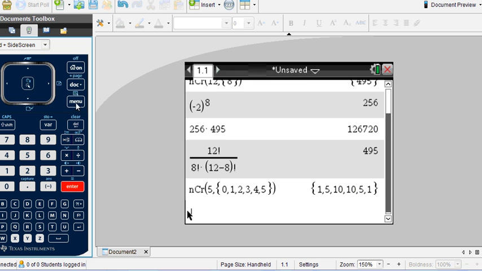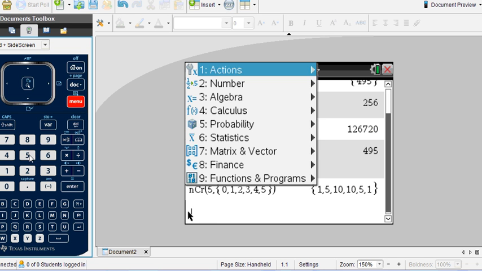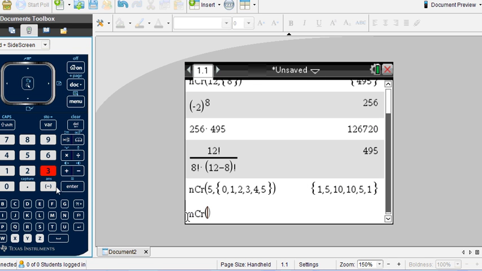So getting back here, let's see, probability combinations. We're going to have 7, comma, and we're going to get our bracket there by pressing Control, then close parentheses. We're going to put 0, comma, 1, comma, 2, comma, 3, comma, 4, comma, 5, comma, 6, comma, 7.